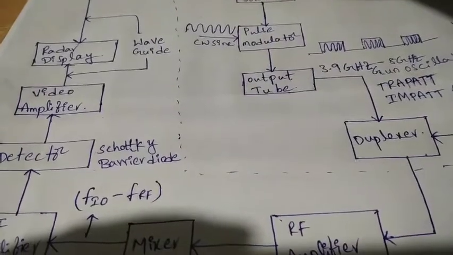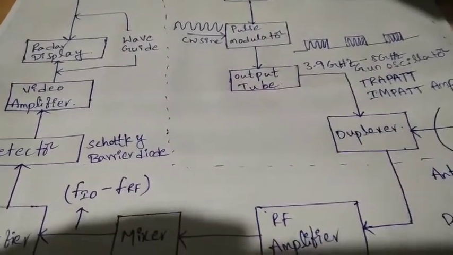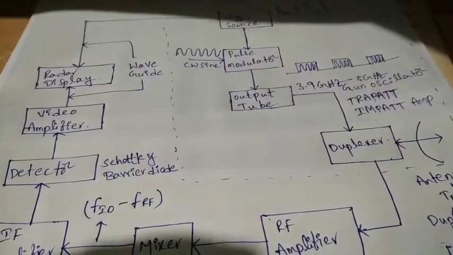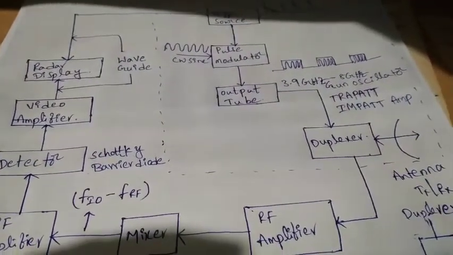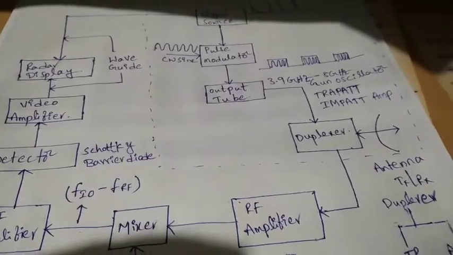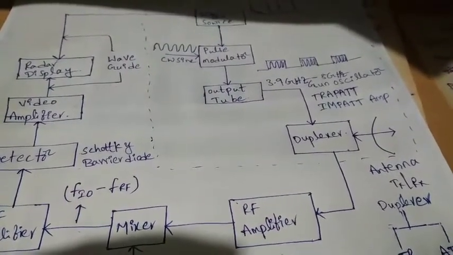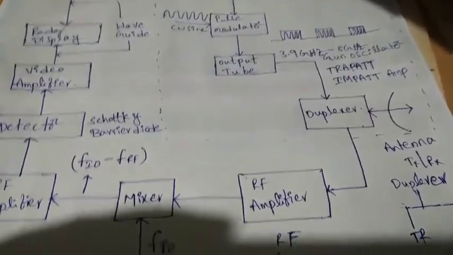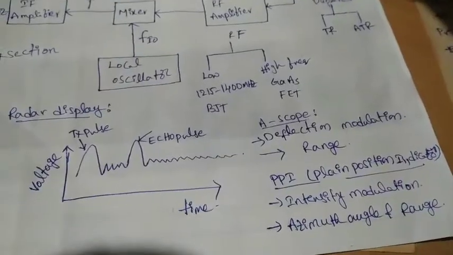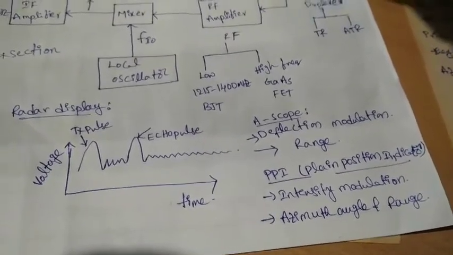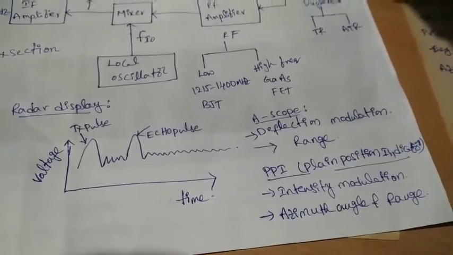The second radar display is the PPI radar display. PPI means plan position indicator. The plan position indicator works on the principle of intensity modulation. It is used for determining the range and azimuthal angle. So for radar display we have CRTs, A-scopes and PPI.